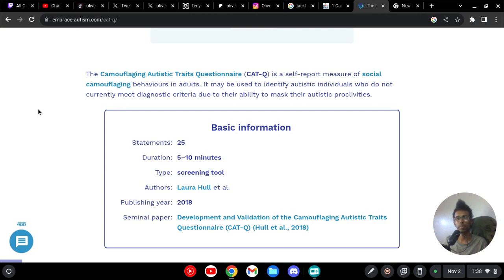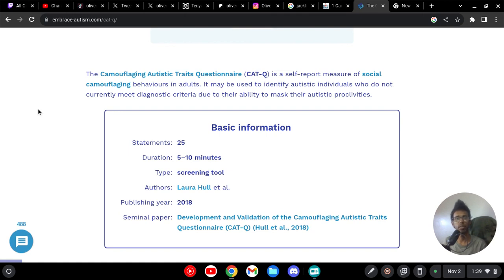Alright, so let's see here. I'm going to read the explanation and the basic information, and then we will start, okay? The Camouflaging Autistic Traits Questionnaire, or CAT-Q, is a self-report measure of social camouflaging behaviors in adults.